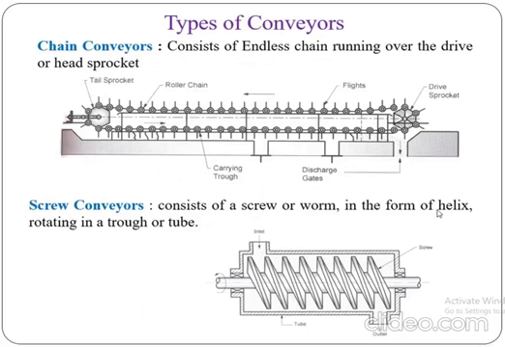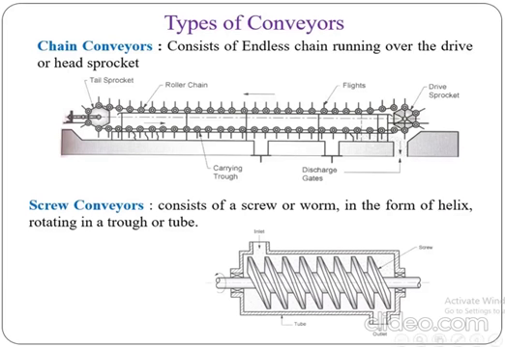So chain conveyor, another type of conveyor, consists of an endless chain running over the drive or the tail sprocket. The drive sprocket is coupled to the drive unit. The load carrying strand of the chain is supported on the load carrying troughs, while the return strand of the chain is supported on the return track.